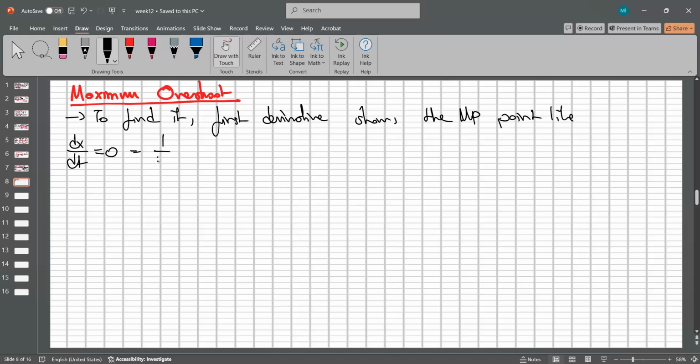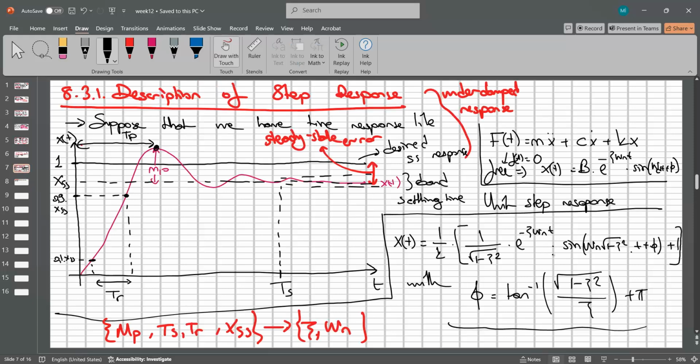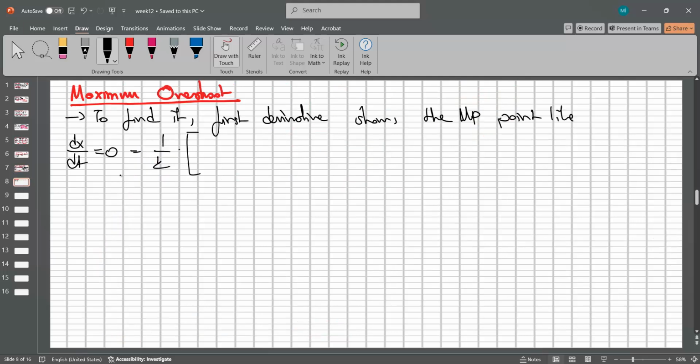And also 1 divided by k, if we take the derivative of this term with respect to time, then we will have wn divided by the square root of 1 minus zeta square times exponential minus zeta wn t times sine of wn times the square root of 1 minus zeta square times t, right?